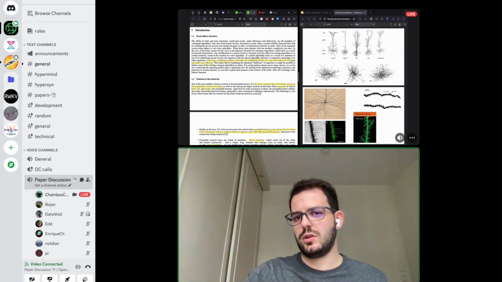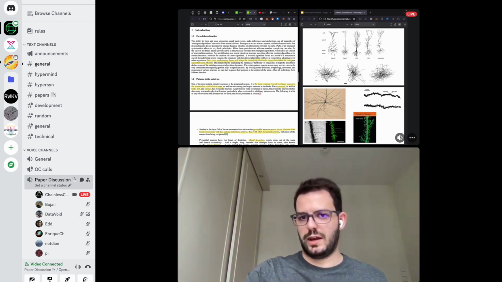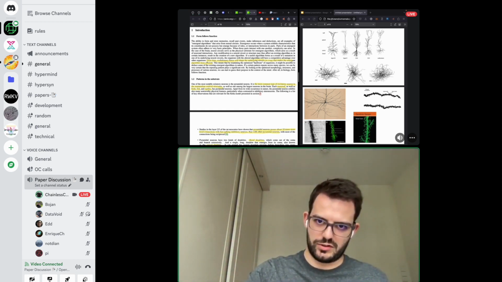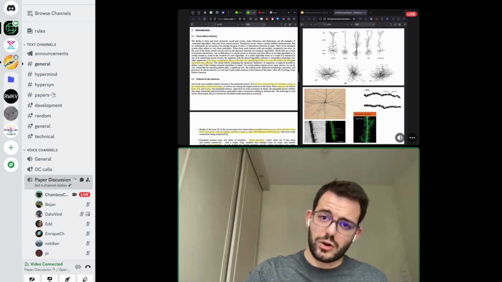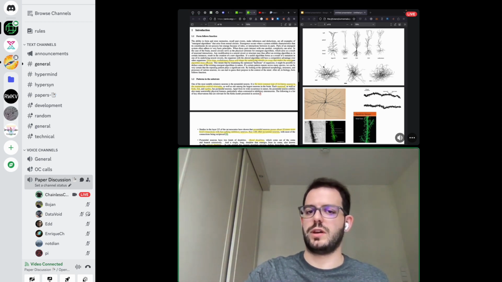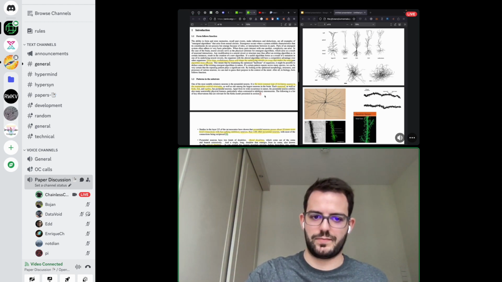Interneurons look quite different from pyramidal neurons, and they also have a very different function, as we will see during this presentation. So interneurons are also known as inhibitory neurons, which means that when their axon fires a spike train, so a series of action potentials, the neurons that receive that signal tend to shut off, like turn off. So they try to inhibit neurons whenever they send messages to other neurons, which is quite interesting.